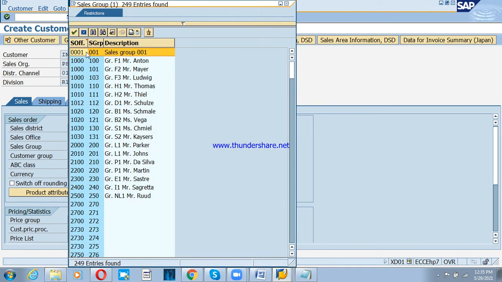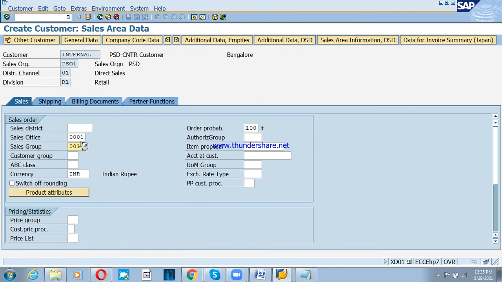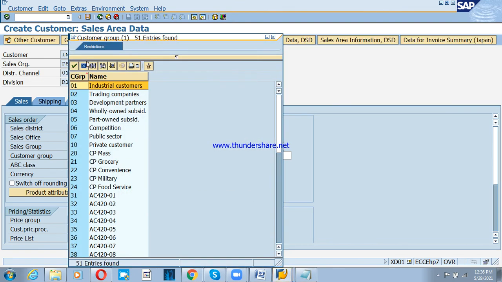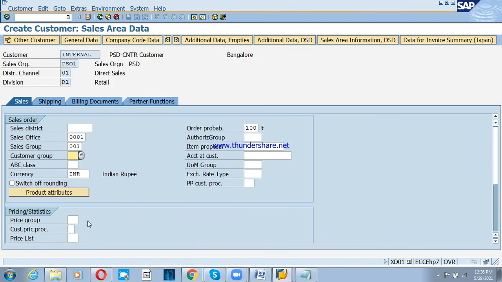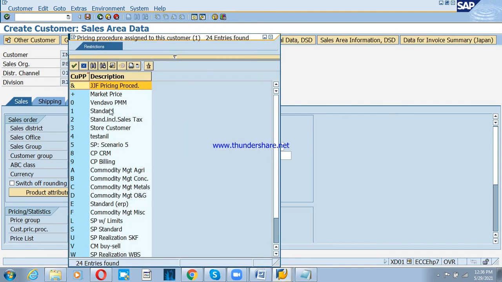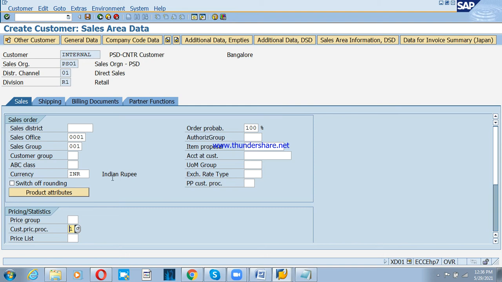Sales group, I will take this one. Okay, sales office automatically picked up. Then customer group, not required. Then customer pricing procedure is required, that is the standard one I'll take, and the remaining things are not mandatory.